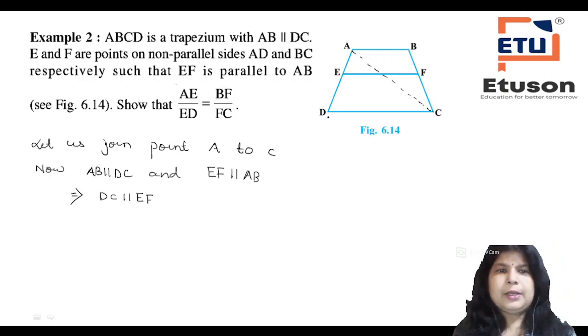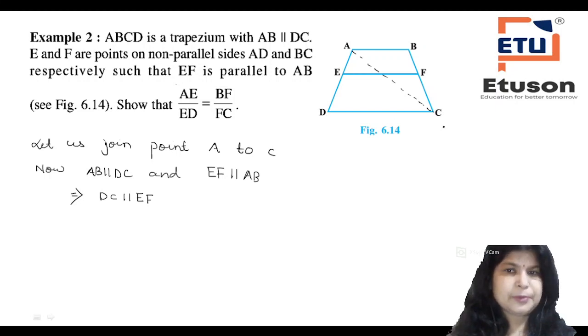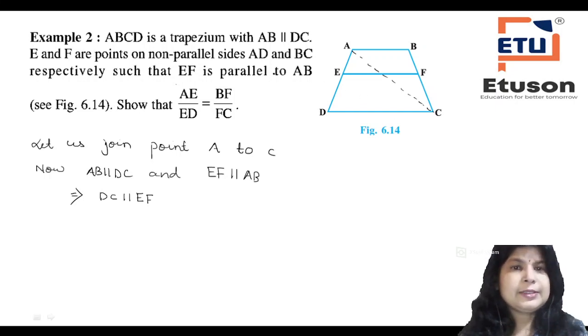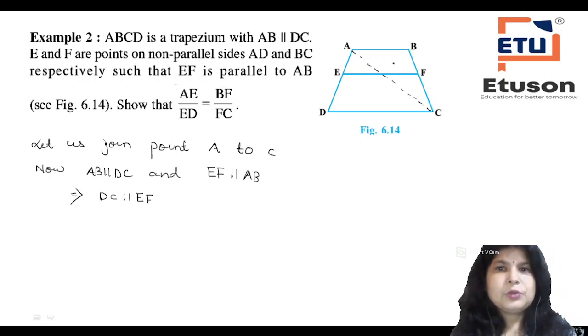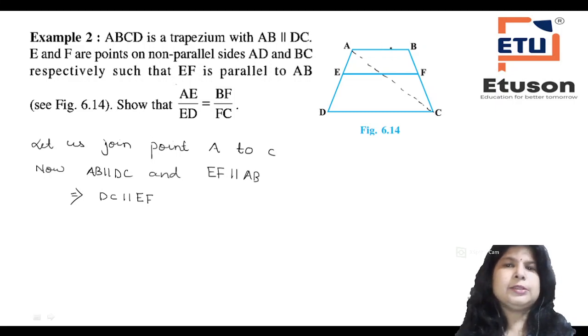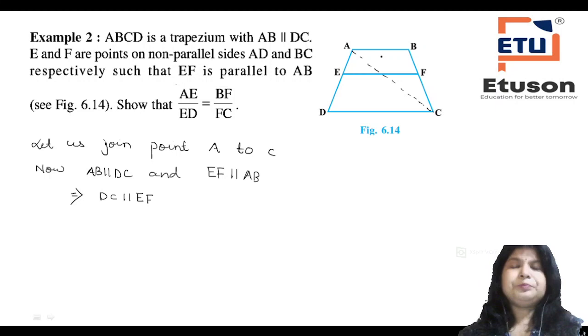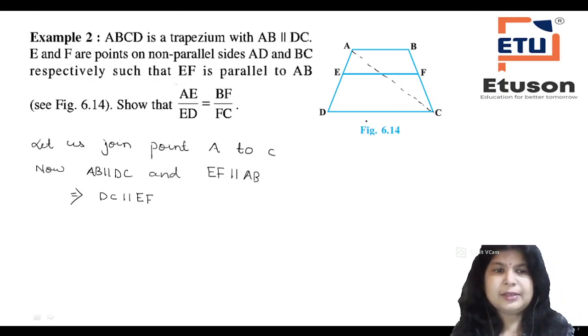AB is parallel to DC because of the parallel sides of the trapezium. And it is given that EF is parallel to AB. So if these lines are mutually parallel to each other, then DC is parallel to EF.